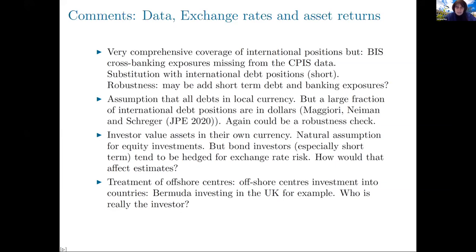And finally, in terms of the treatment of offshore centers, they treat the offshore center as investors. However, of course, when Bermuda invests in the UK, it's not a Bermudan investor, but it could be a mixture of US and European investors. And so that changes a little bit the way one would estimate the different market clearing conditions.